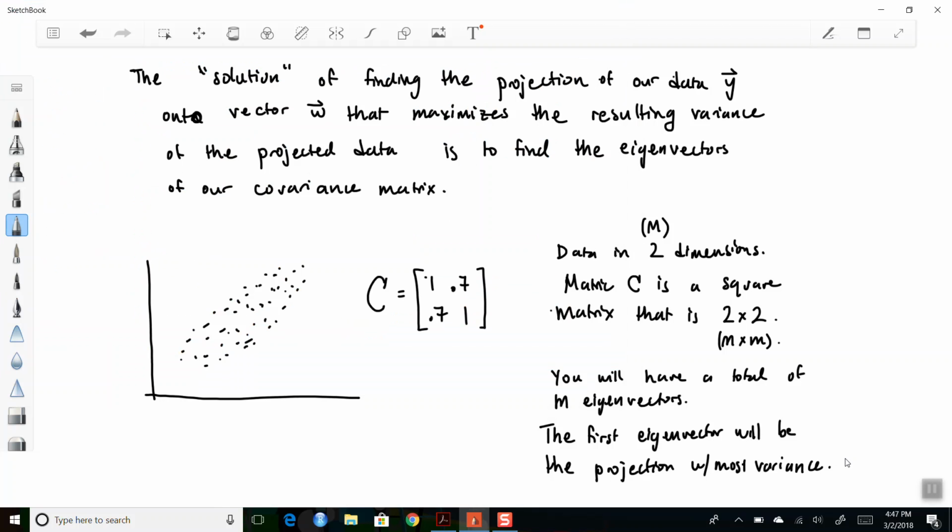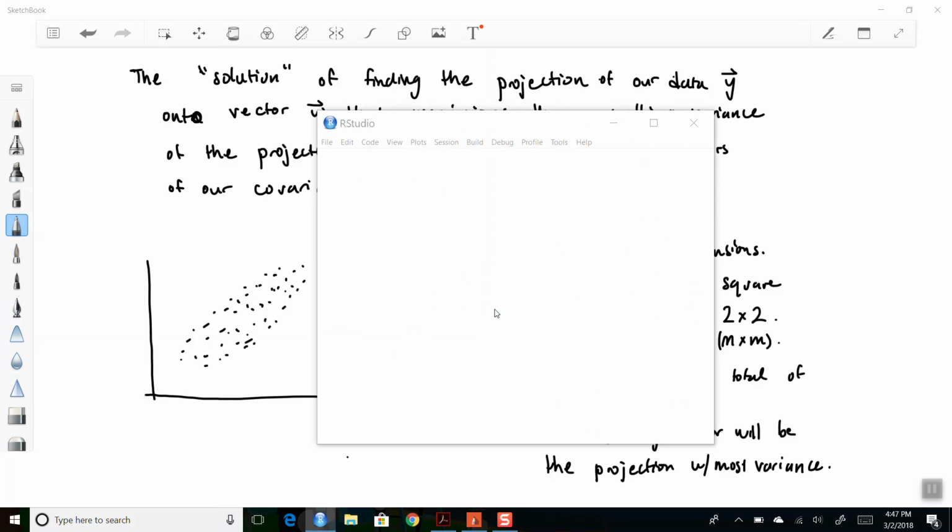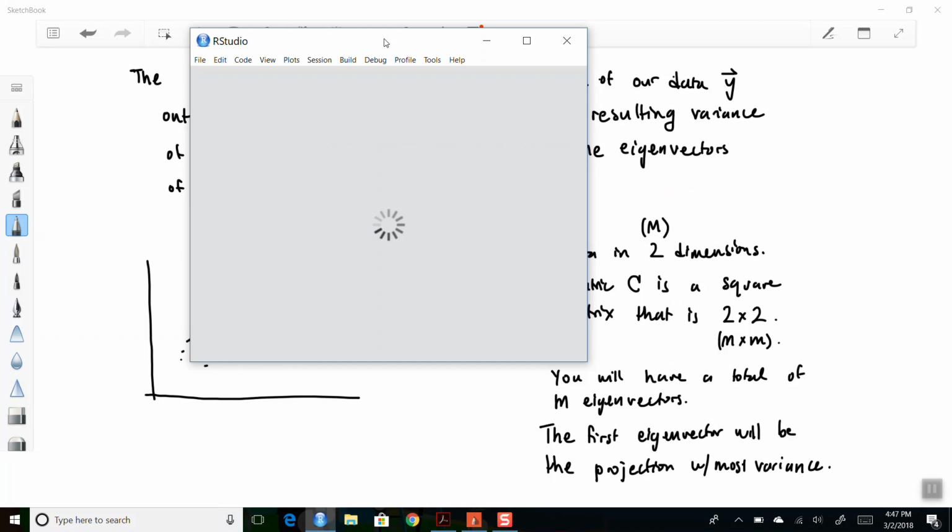Okay, I got a couple minutes left. I guess I can do a quick demo, though I don't even know if this will work in time, because I don't have any code pre-written up here.